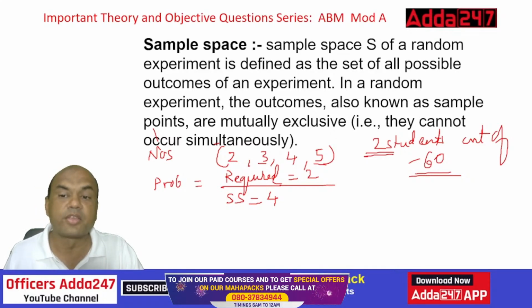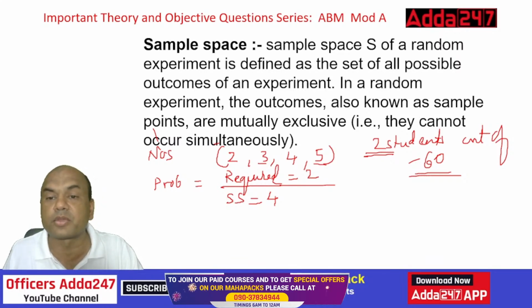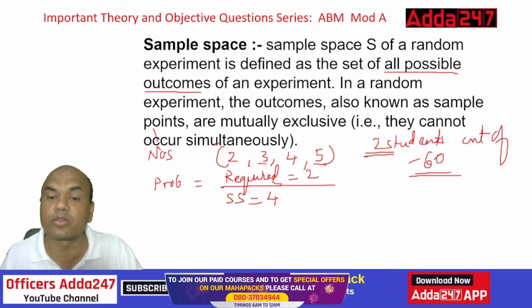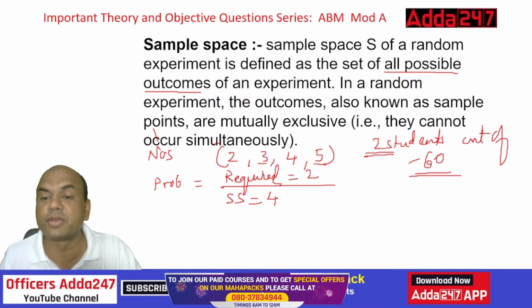Got it? So sample space, remember, it means set of all possible outcomes. In a random experiment, the outcomes, also known as sample points, are mutually exclusive. They cannot occur simultaneously. Exclusive means what?